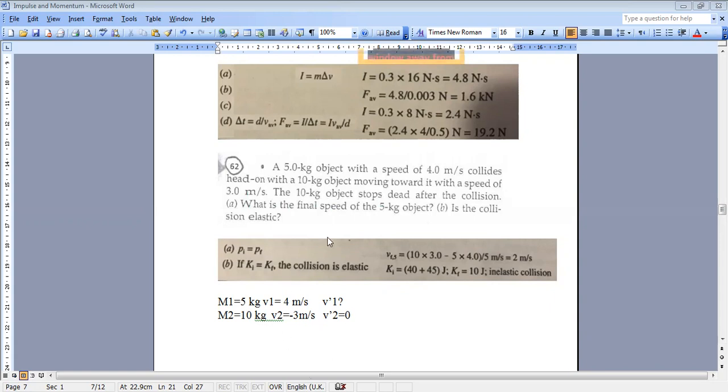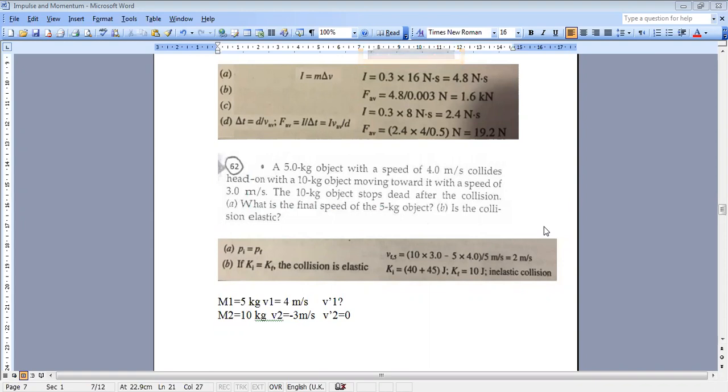Here they didn't tell me that the collision is elastic. They didn't tell me this. They even asked me at the end: is the collision elastic? How can I check whether the collision is elastic or not? What should I do? Kinetic energy. Yes, I calculate the total kinetic energy at the initial and final state, and I see if they are equal, then the collision is elastic.